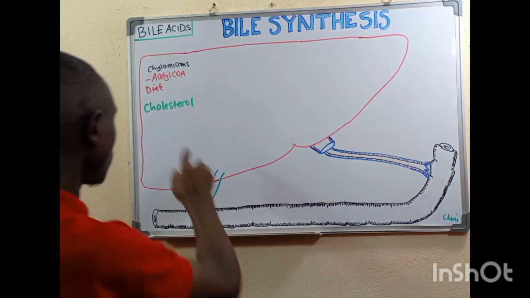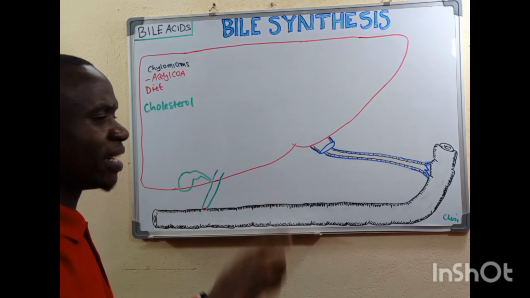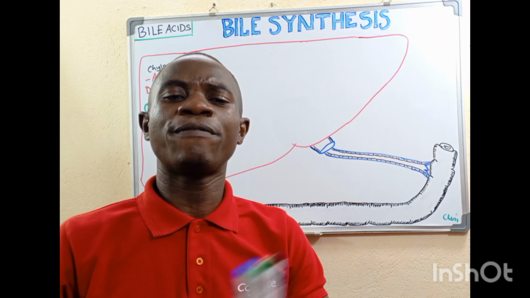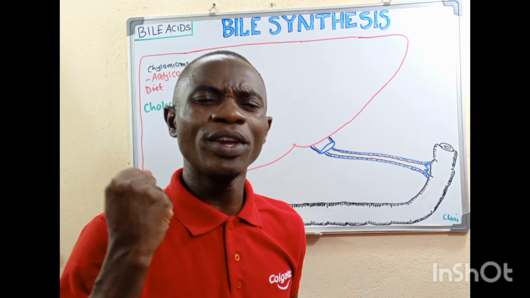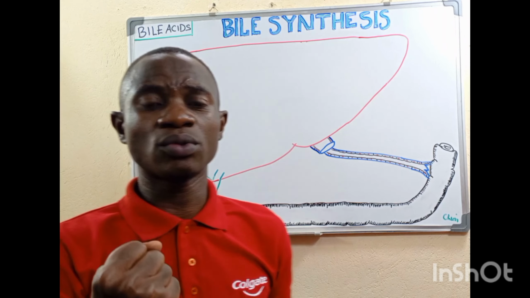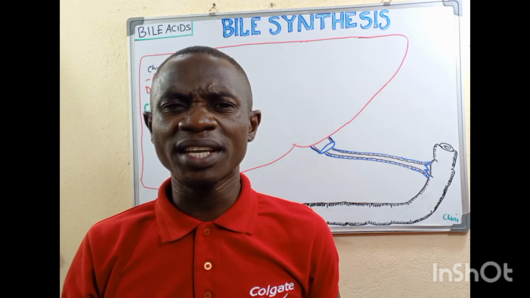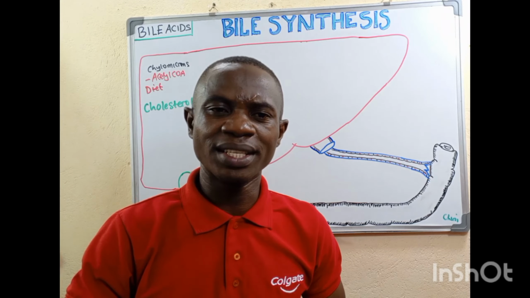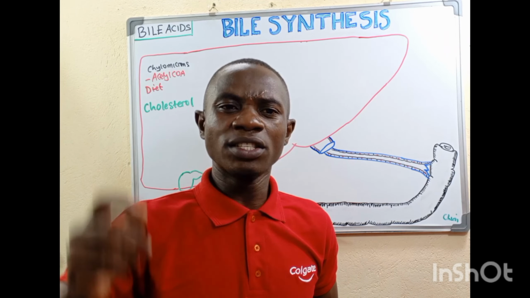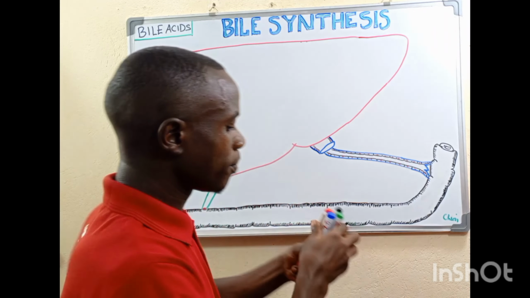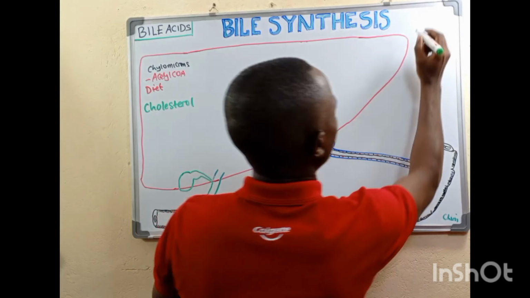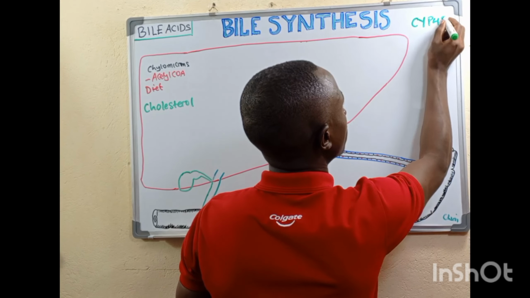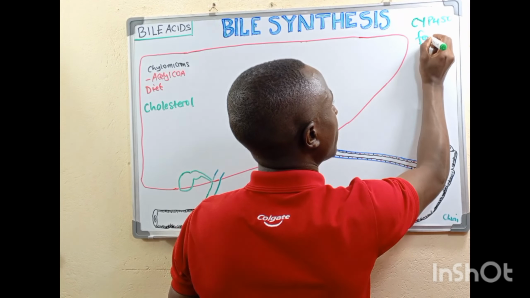So now we need to first understand that within the liver, we have a family of enzymes which does the breakdown of cholesterol, the toxins, the drugs into other substances. This family of enzymes is called the cytochrome P450 family.